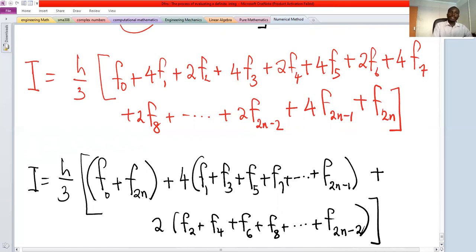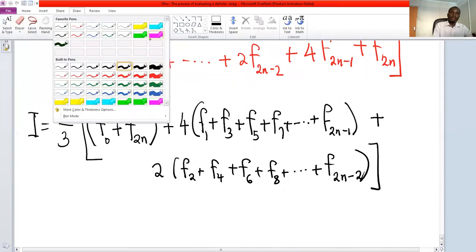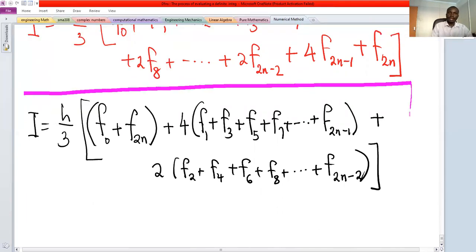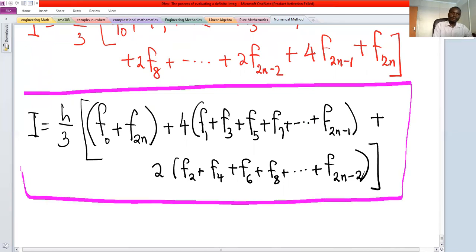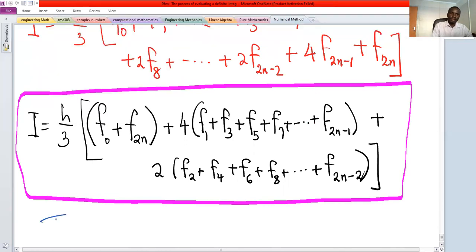So this is a formula. This is the Simpson's third rule.